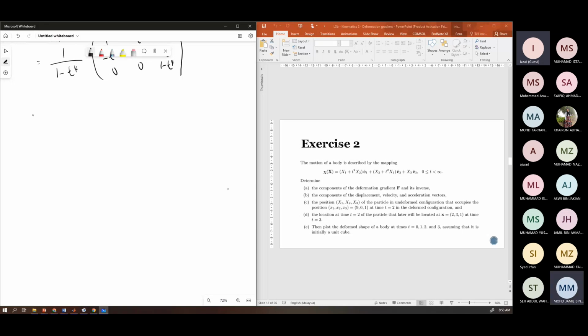Okay, so for displacement, u equals small x minus big X. Okay, so this is from last week lecture. So you can find in components, u1 equals x1 minus big X1. So just rewrite small x1. So you get t squared x2.